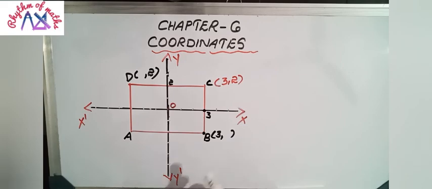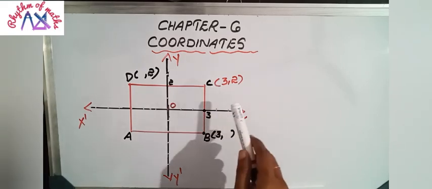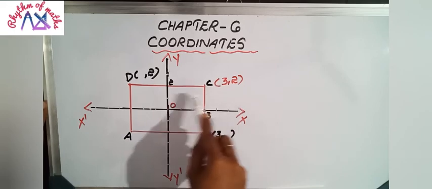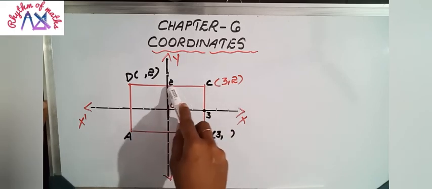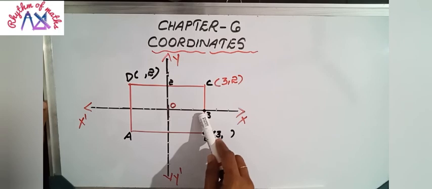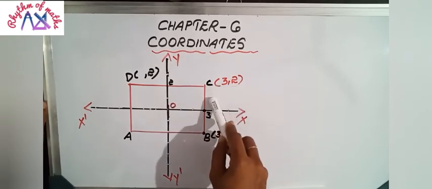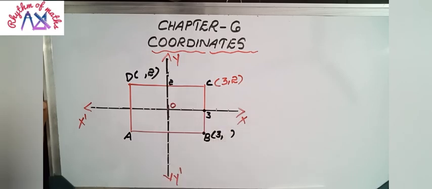Now it is a rectangle. From this position, this height is what? This height is 2. Now towards down also it will be what?